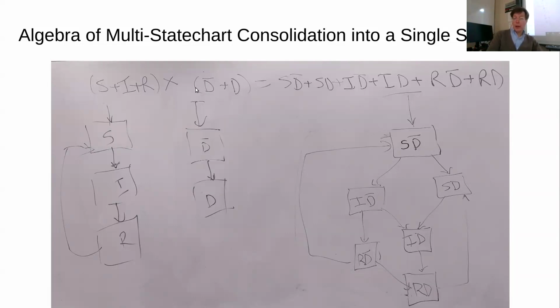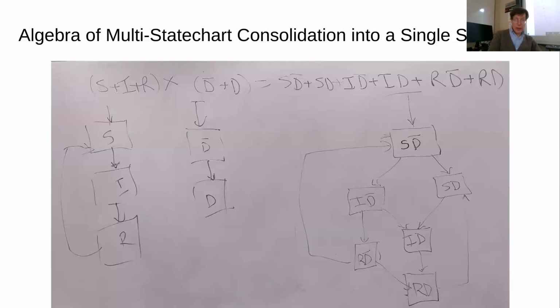And putting them in parallel, the states for that parallel combination are given by the product of these. The product of these sums. And products in this state chart algebra distribute, just like products do if we have products of sums of real numbers or natural numbers.